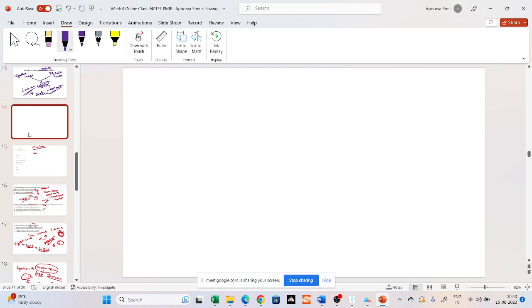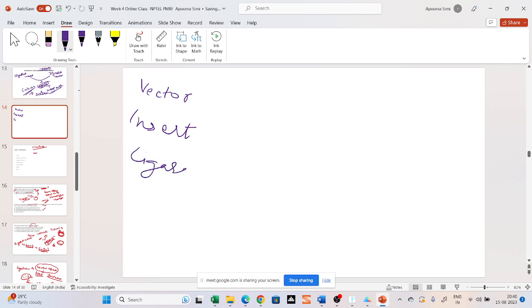Now for setting up a ligation reaction, what you need is vector, you need insert, you need your ligase buffer.